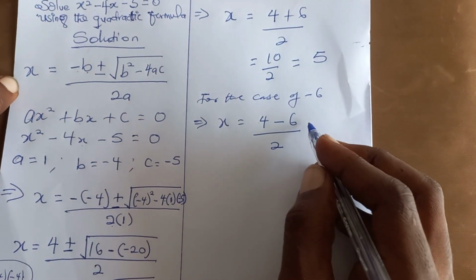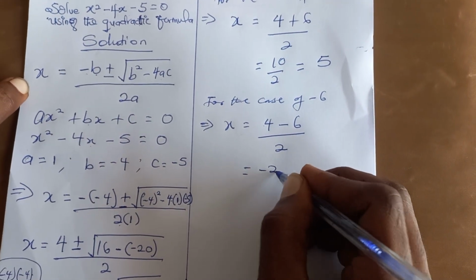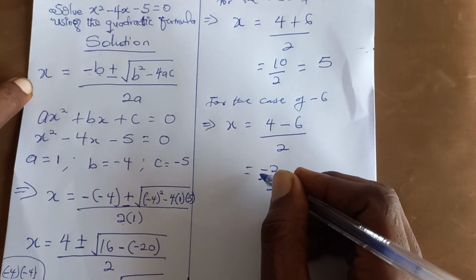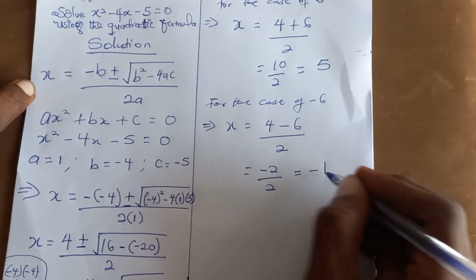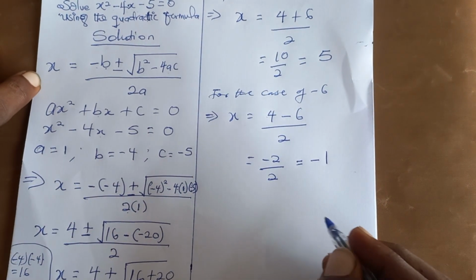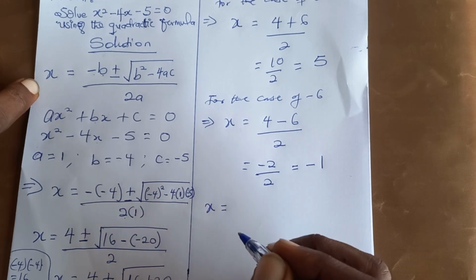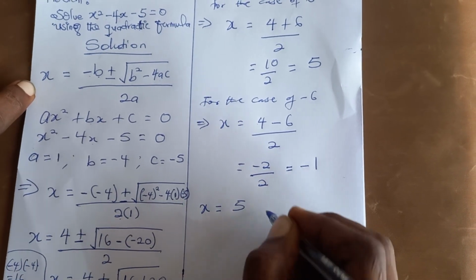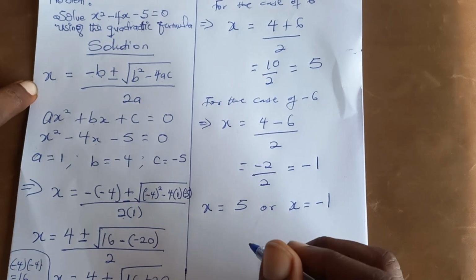And 4 minus 6, we know that is negative 2. So negative 2 over 2, we are getting negative 1. So our solution is x is equal to 5, or x is equal to negative 1.